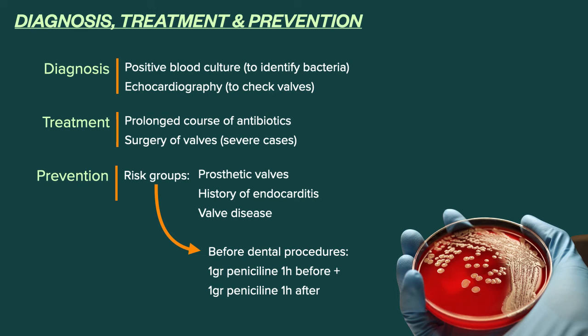Depending on the organism that causes the infection, a prolonged course of antibiotics will likely be used to try to wipe out the infection, but surgery may be needed for severe cases, especially when the valve dysfunction causes heart failure. It is also important to prevent endocarditis, especially among high-risk groups, such as people with prosthetic heart valves or a history of endocarditis.